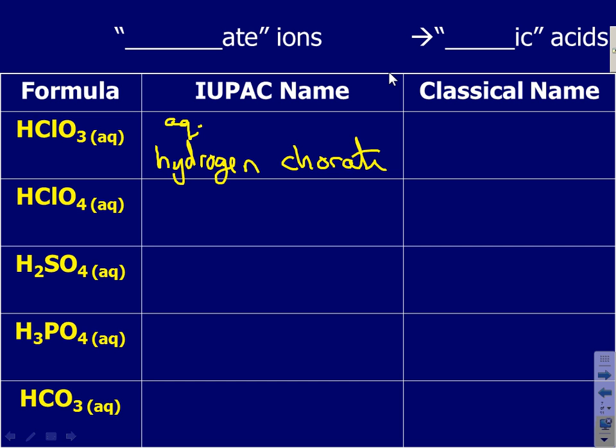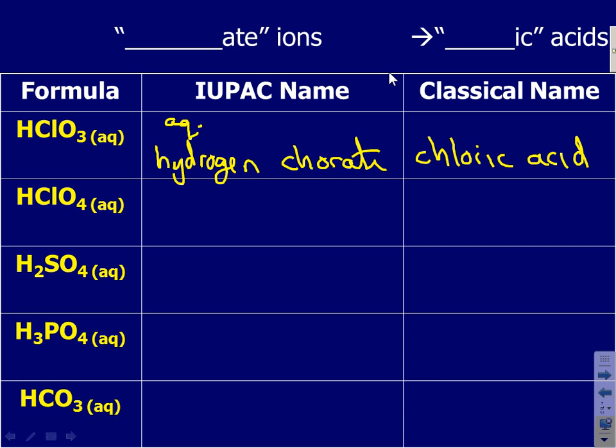Well, from my little helper here, if it comes from a chlorate, then that starting point is going to just go with ic. So what do we call this classical name? Yep. Chloric acid. Chloric acid. It seems a little backwards. Chloric acid has oxygens in it.